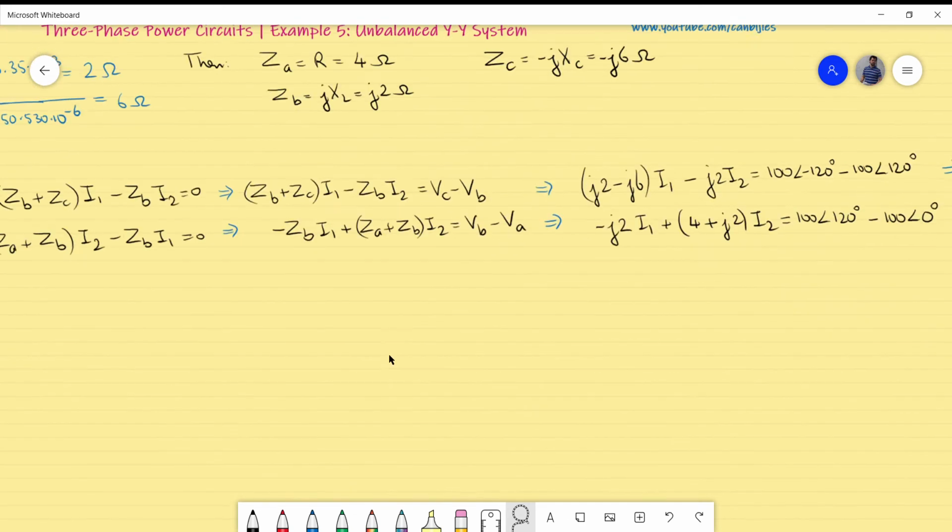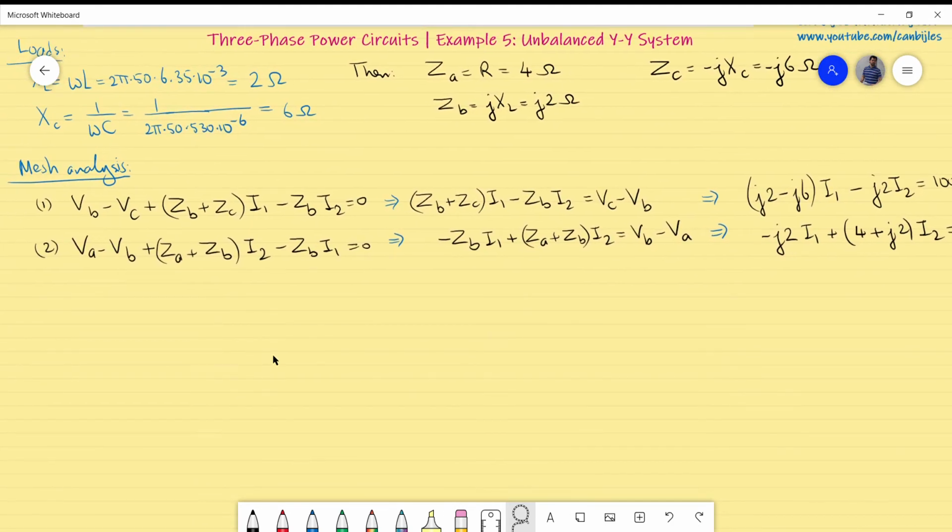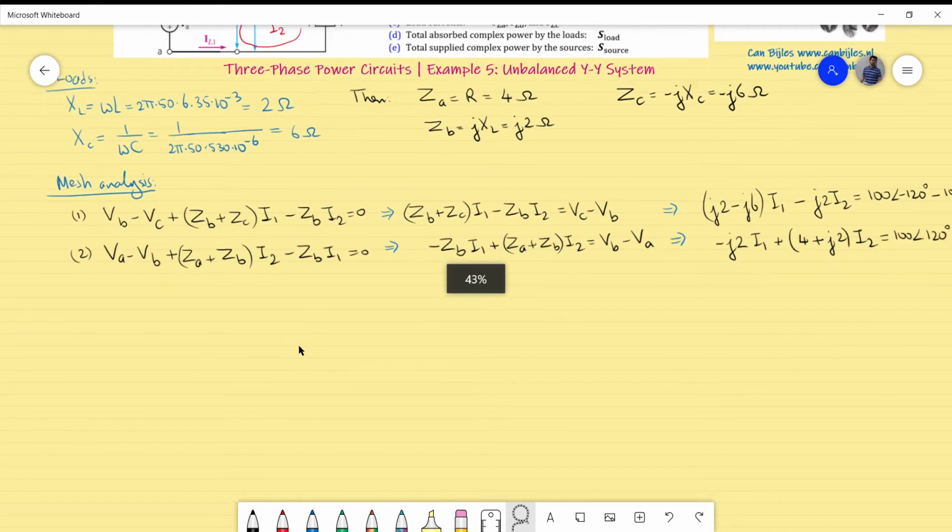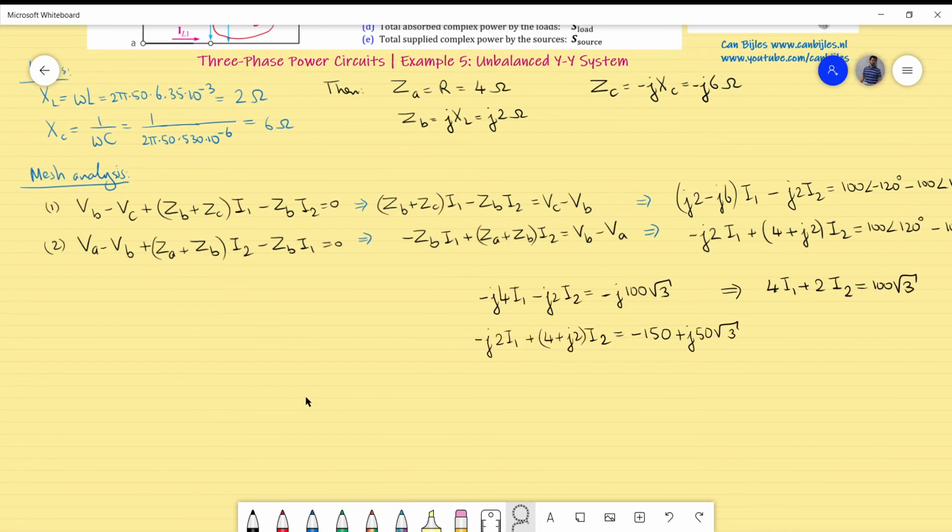So let's move on. What I would like to do now is place these equations. I will zoom out a little bit. This is not necessary anymore, so I will get rid of this one.